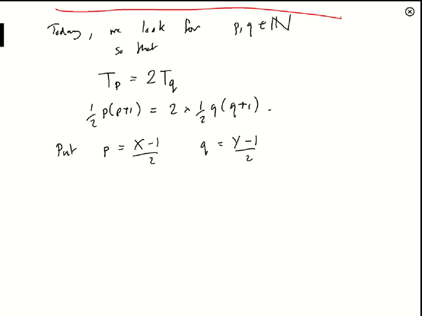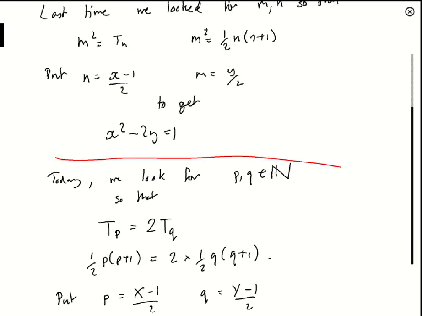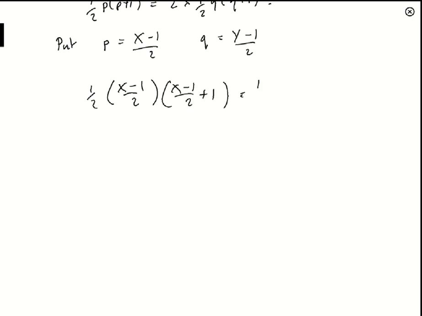So if I do that, then what have we got? Well, we're trying to look at half P times P plus 1 equals 2 times half Q times Q plus 1. So it means that half times x minus 1 over 2 times x minus 1 over 2 plus 1 equals 2 lots of... I'm not going to cancel halves here yet because I think it's slightly more transparent to leave them in.